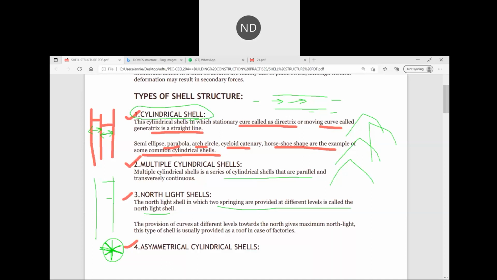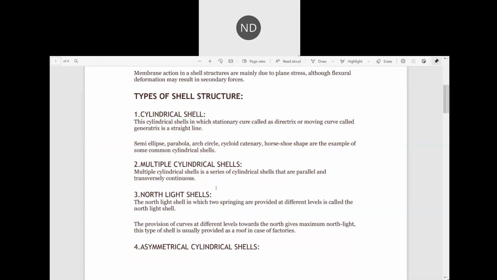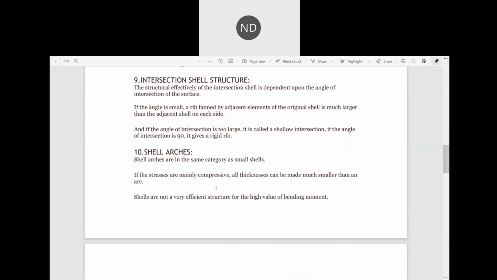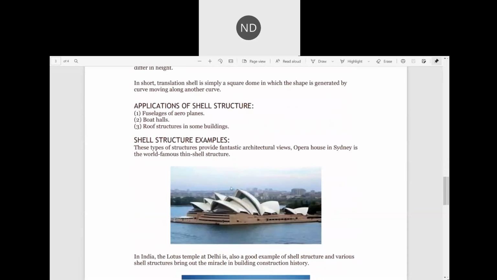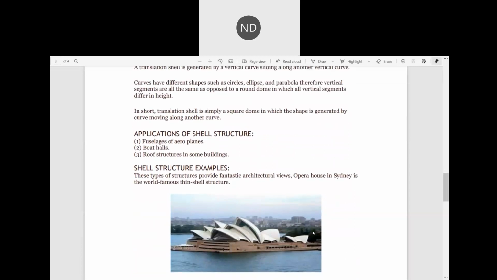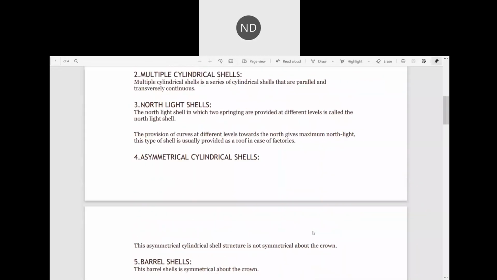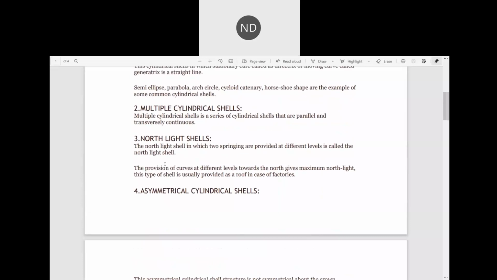The provision of the curve is at different levels, because this will be somewhere a little bit down, this a little bit up, this a little bit down, like that. I'll show you one structure. The best example of that is this one. You see here, in Sydney, this opera house is facing towards the north side, and this is your north light, so that the light can pass through this. That's why these are known as north light shells.